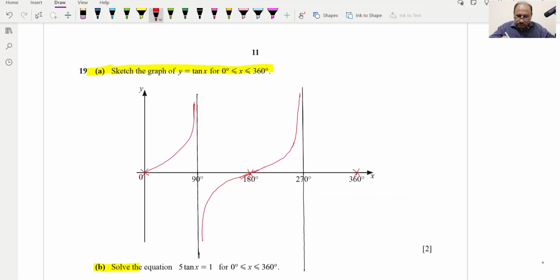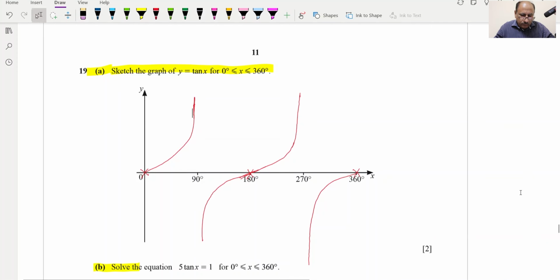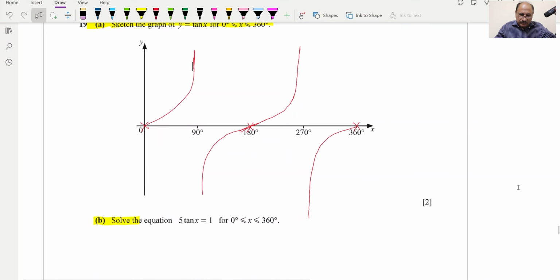And if we check something like 280, it will be curving similar to that one. So we can draw this curve as I've shown, and these lines and dotted lines we can erase. This is basically the curve which you have to sketch. You have to just show x-intercepts, and up to 360 you have to draw this.